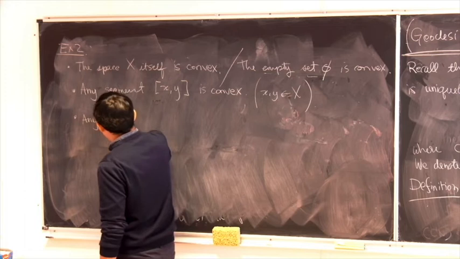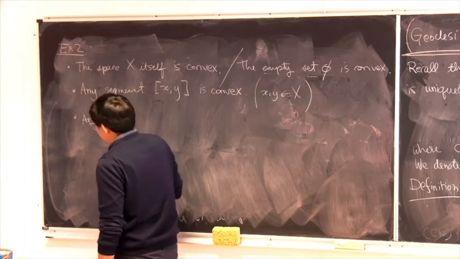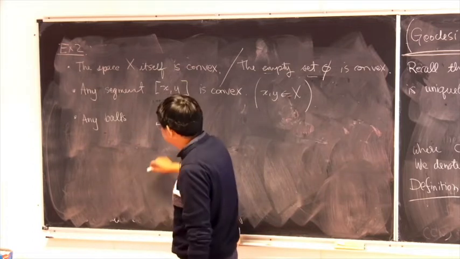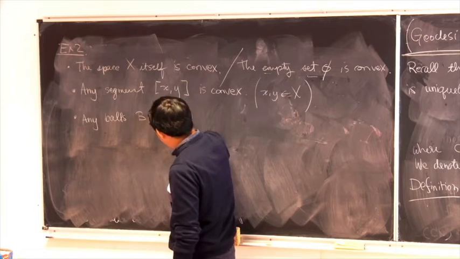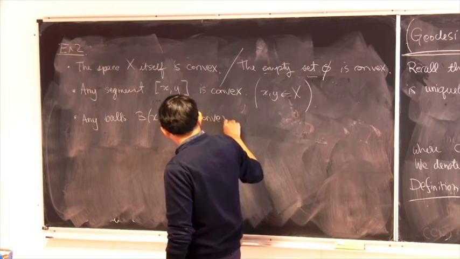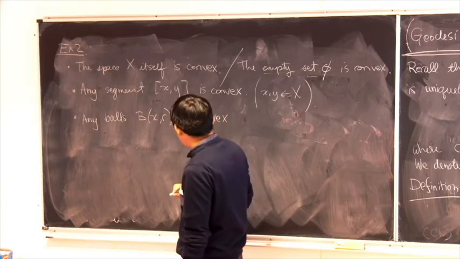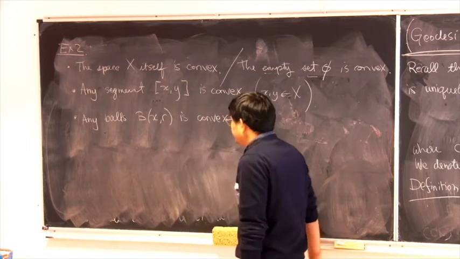Next, any balls, open or closed, B of x, are convex.